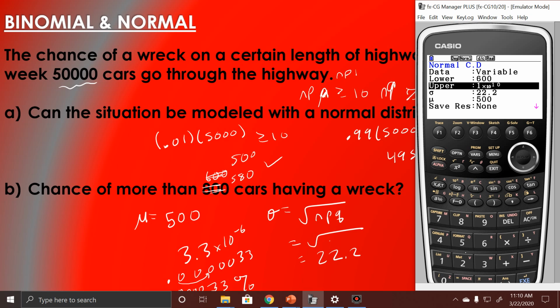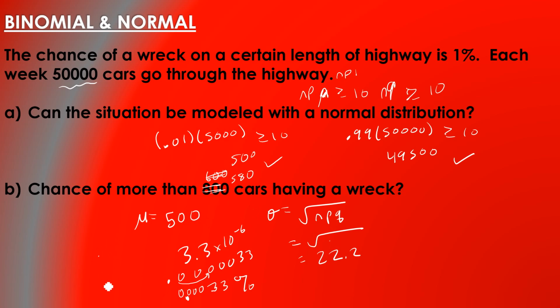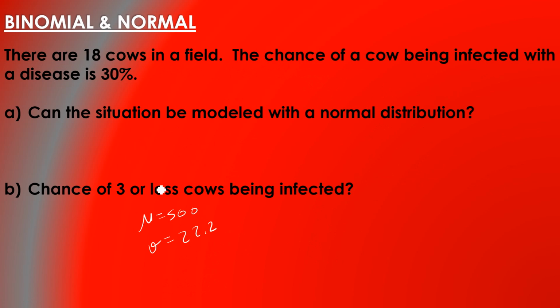So upper is still 10 to the 10th. So up here, 580. When we think about that, if our standard deviation is 22, that's about 4 standard deviations out. So it should be a very small number. And it is still, but we're getting closer to a reasonable percentage.